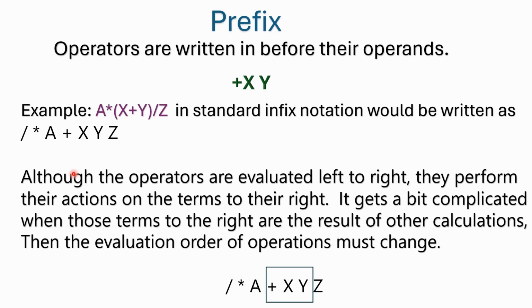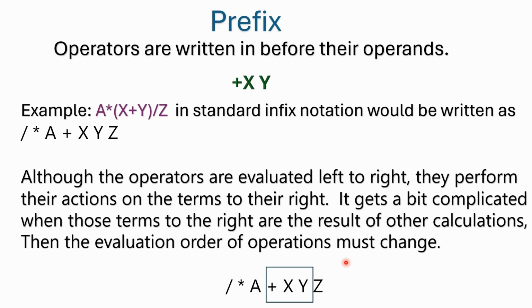Now, keep in mind, although the operators are evaluated left to right, they perform the actions on the terms to the right. So it's maybe a little bit more confusing if you're used to infix or postfix. It gets a little complicated when those terms to the right are the result of other calculations. Then the evaluation order of operations needs to change on the way that this works.